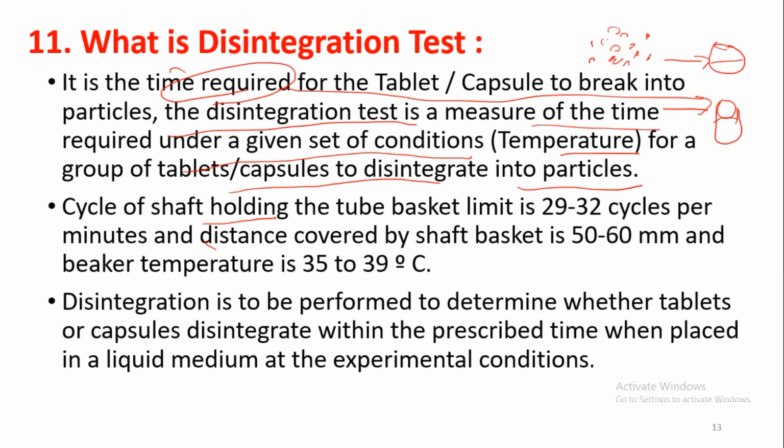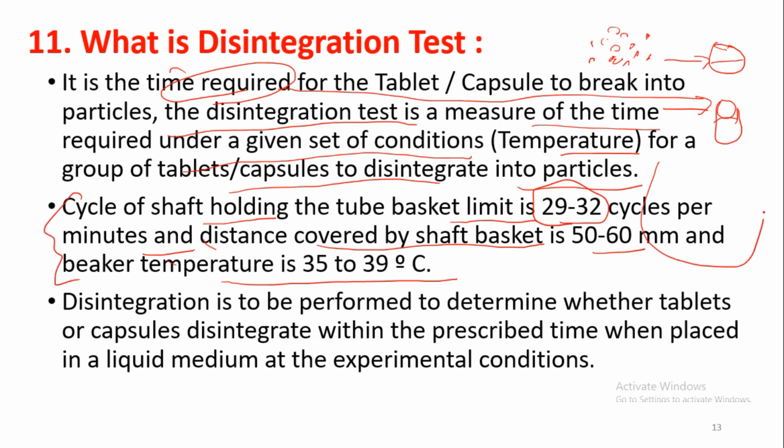The cycle of the shaft holding the basket tube is limited to 29 to 32 cycles per minute, the distance covered by the shaft basket is 50 to 60 mm, and the beaker temperature is 35 to 39 degrees Celsius. So this tells about the conditions of the disintegration test.